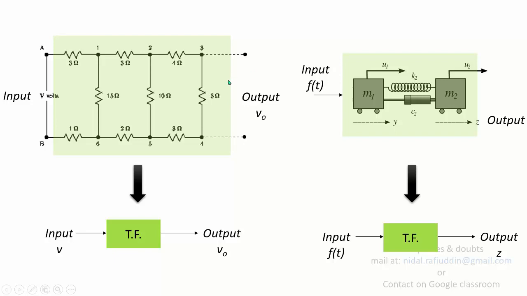So you obtain by KVL three equations corresponding to each of these loops. Then finally you will be applying KCL, and your ultimate task is to obtain the relation between input and output by eliminating V1 and V2 and all other variables which are not part of input and output. Once you obtain the relation between input and output for any system, from there you can obtain the transfer function simply by taking the ratio of output to input.